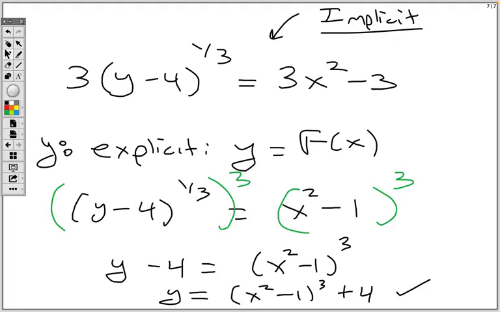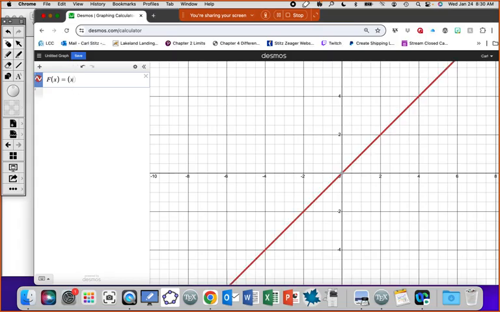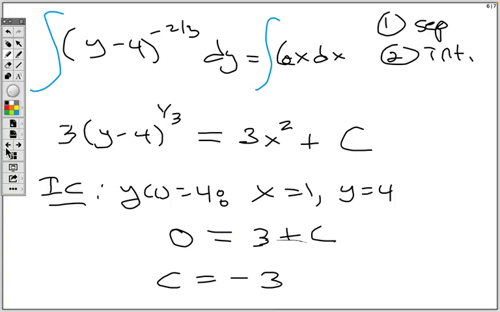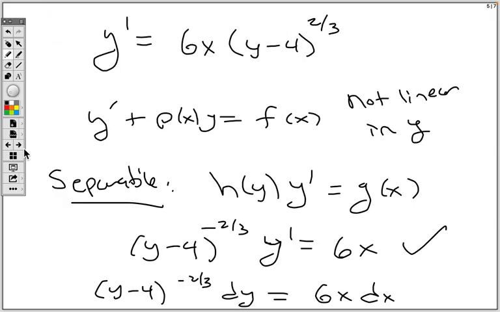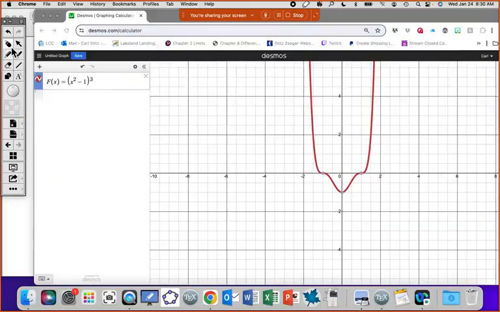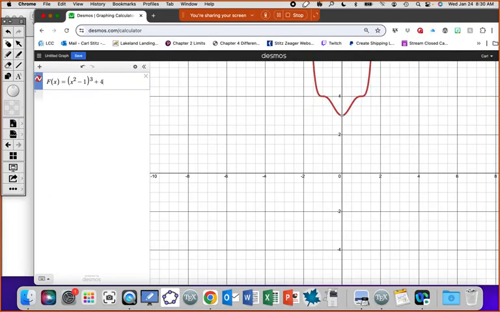We'll type it in. (x squared minus 1) cubed plus 4. Okay, so that's the function. We can check the initial condition. F of 1 is 4, so that works. That just tells us that the point (1, 4) is on the graph. So there it is. Okay.